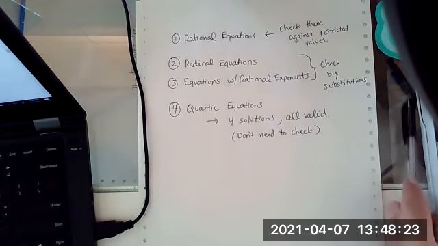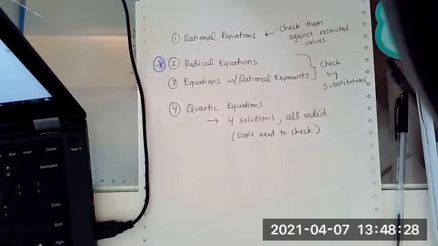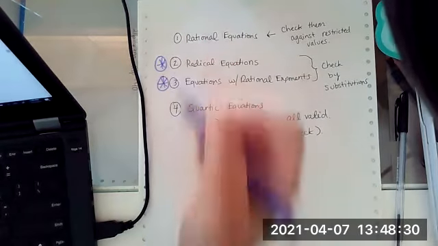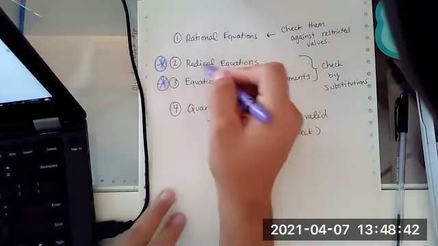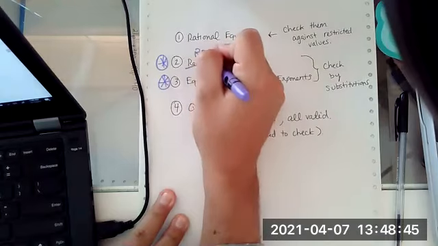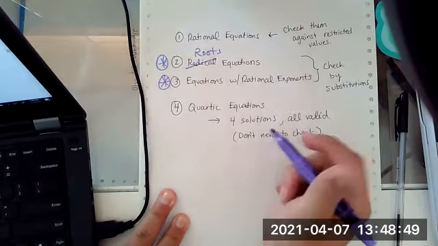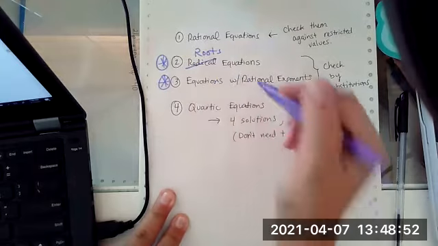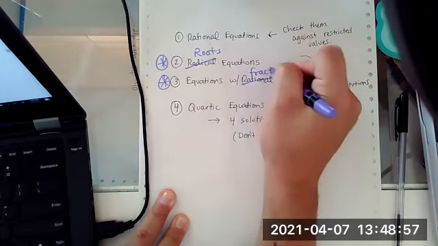But what that means is that you're going to need to be able to identify what a radical equation is just by looking at it. And the same thing with an equation with rational exponents. You might make a note to yourself that radical equations are equations that have roots, and equations with rational exponents are equations with fraction exponents.